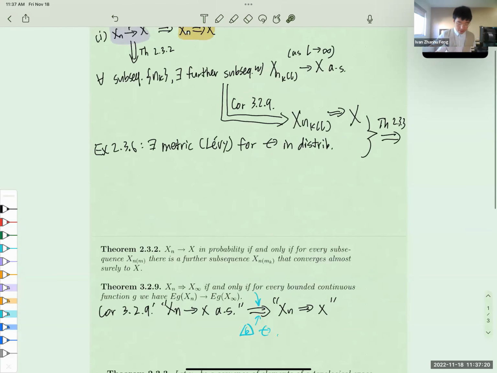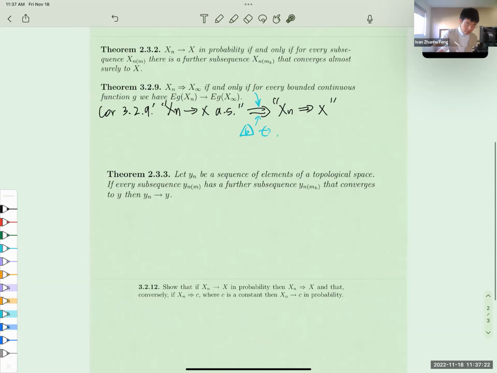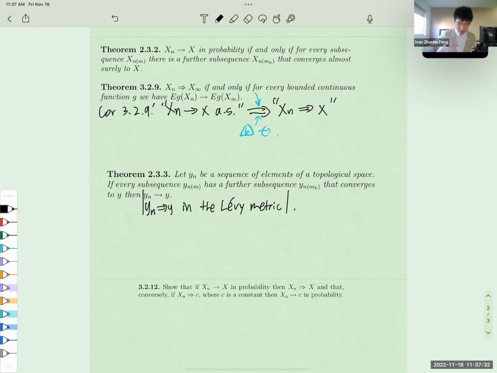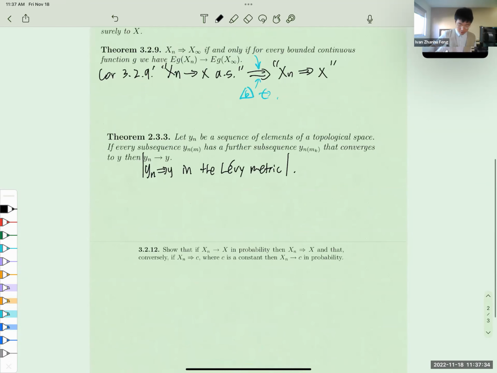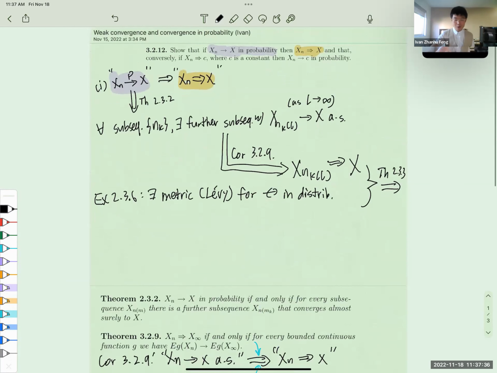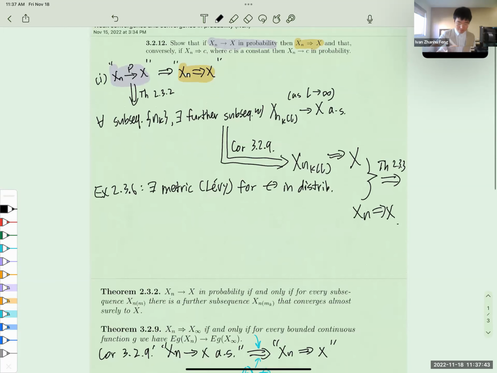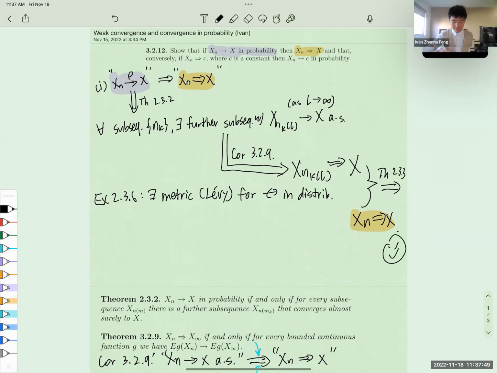Notice here, this is the Levy metric. Corresponding to the Levy metric, this convergence means weak convergence. So in the Levy metric. So now by this theorem, we can directly get our final conclusion. Xn goes to X, which is what we wanted to prove.